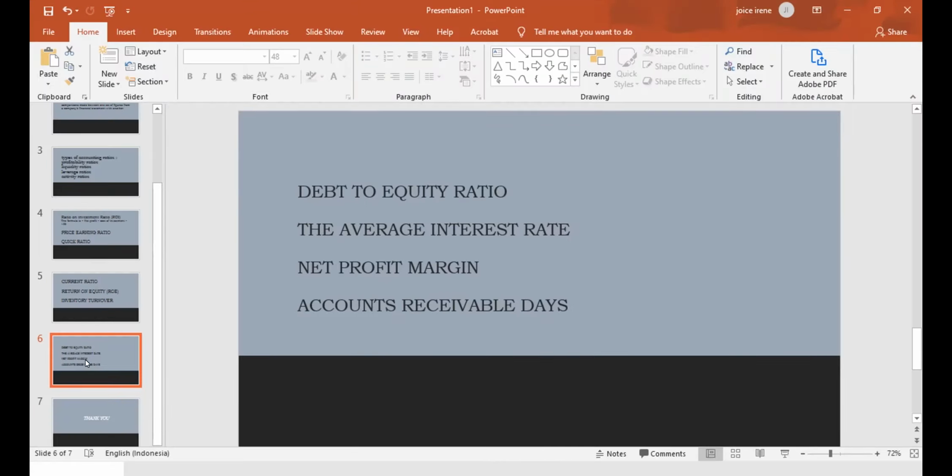And the next is the average interest rate, the percentage of principal charged by the lender for the use of its money, the rate at which a company borrows funds. The formula is interest expense minus accounts payable over liabilities.